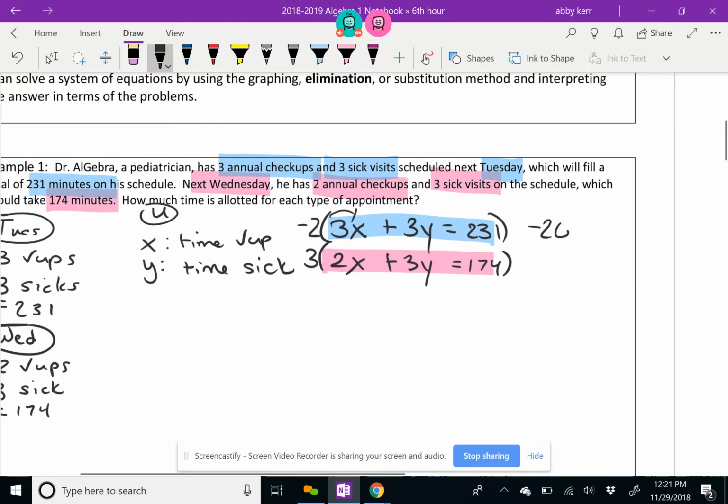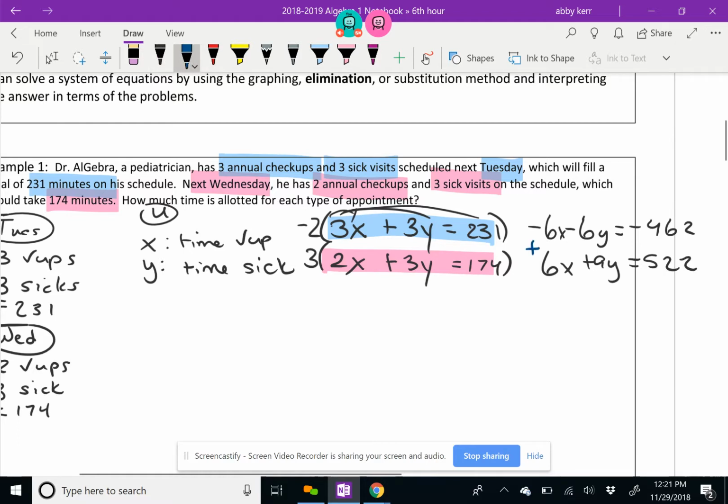So negative 2 times 3 gets us negative 6y, and negative 2x minus 6y equals negative 462. Now 3 times 2 is 6x. 3 times 3y is 9y. And then 3 times 174 is 522.